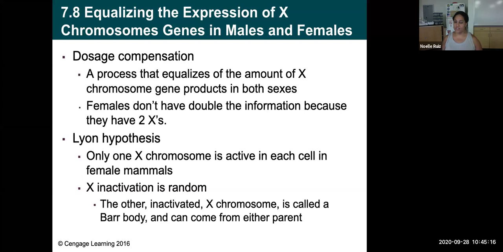And X inactivation is very random, just like meiosis and mitosis and all the other processes in our body. The other inactivated X chromosome is called a Barr body and can come from either parent. So just because girls have two X's doesn't mean they have double everything that the X produces.